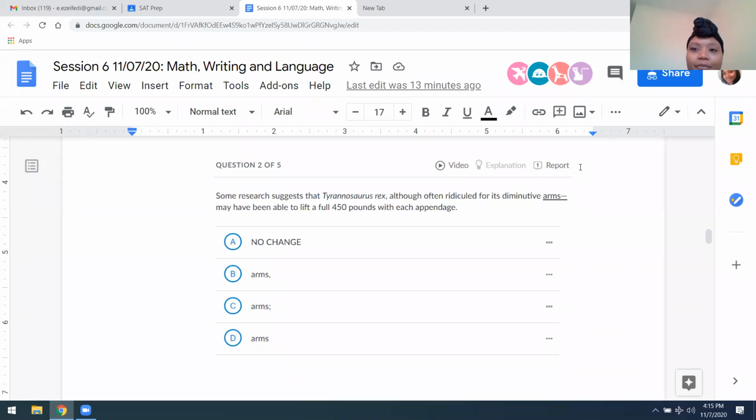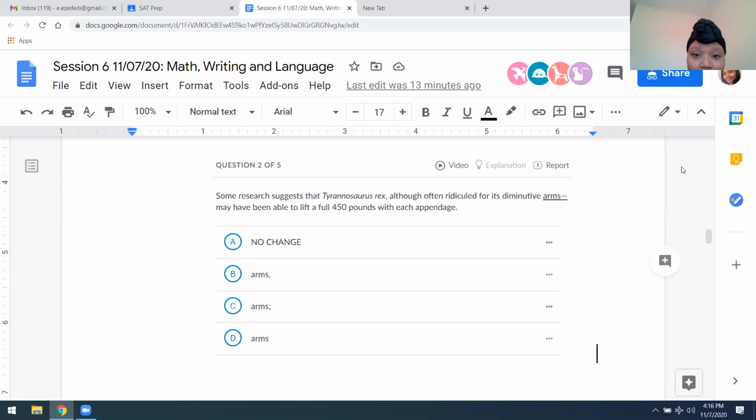So we could do what DM suggested a few minutes ago and take the phrase that will be considered non-essential out as we read the sentence and ascertain whether it's a complete thought or not. So I'll do that. Some research suggests that Tyrannosaurus rex may have been able to lift a full 450 pounds with each appendage.